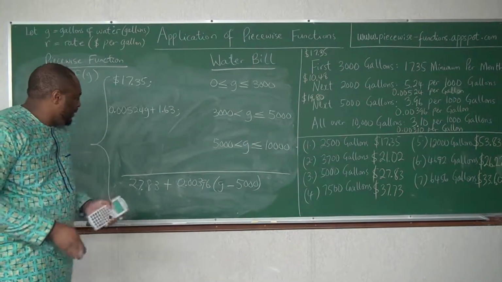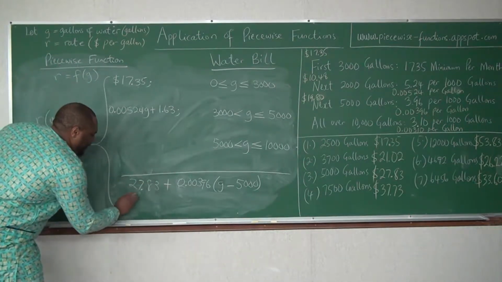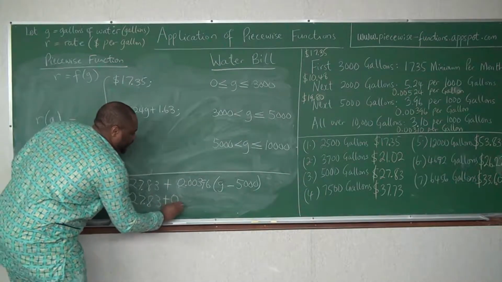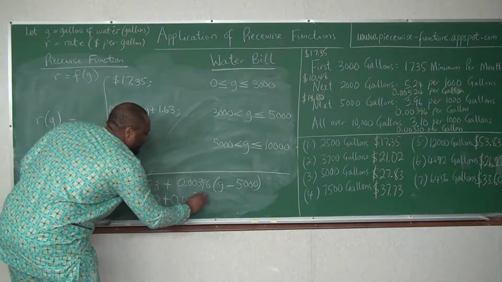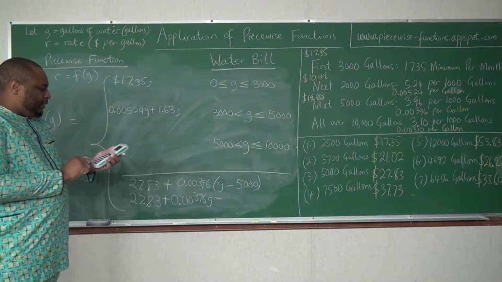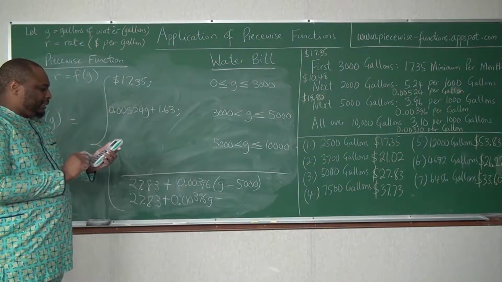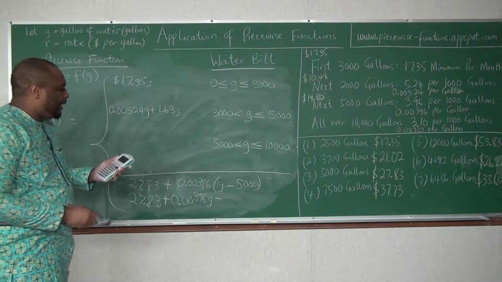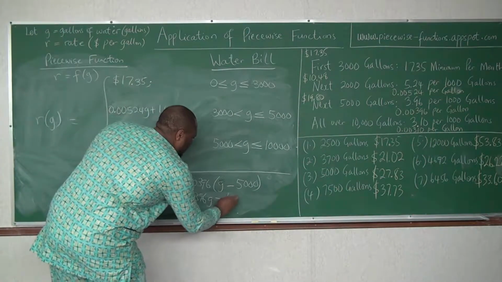Does that make sense? So we now use distributive property. 27.83 plus 0.00396 G minus 0.00396 times 5,000. That is 19.8.